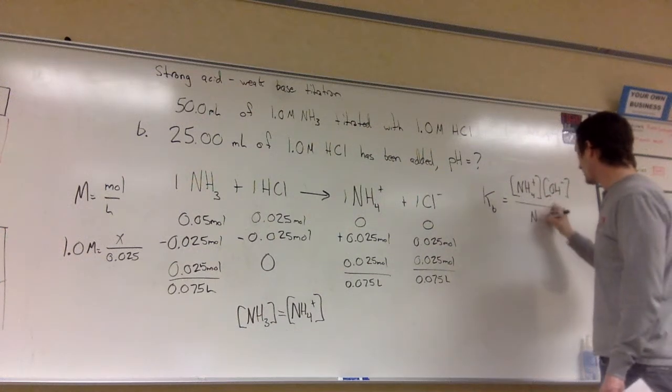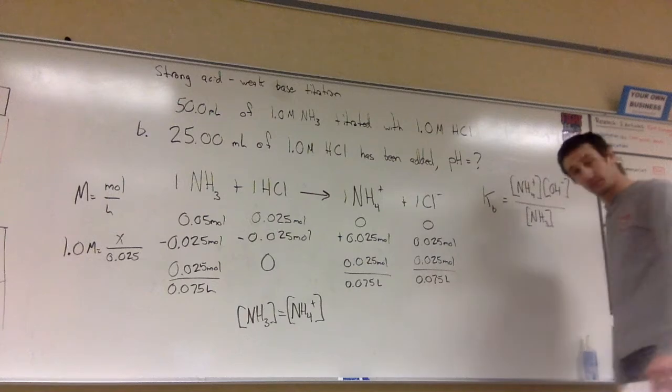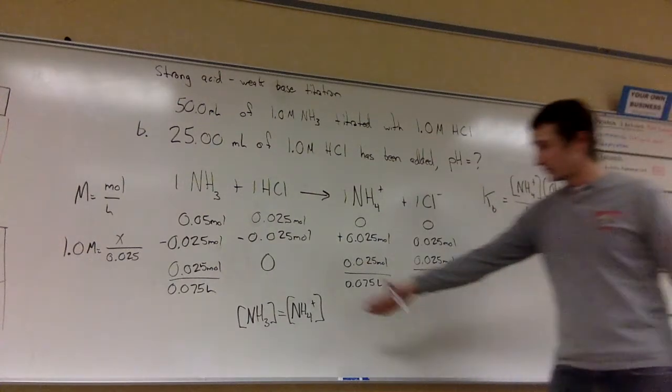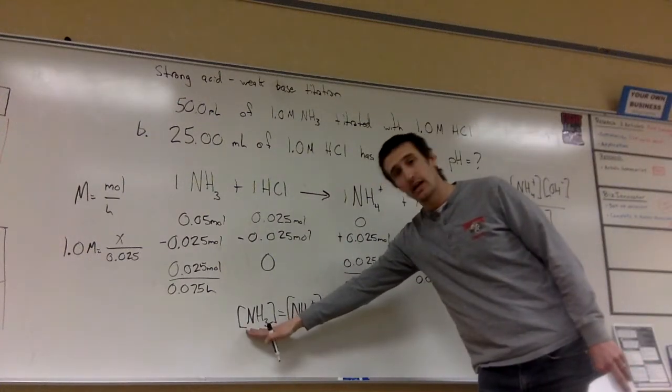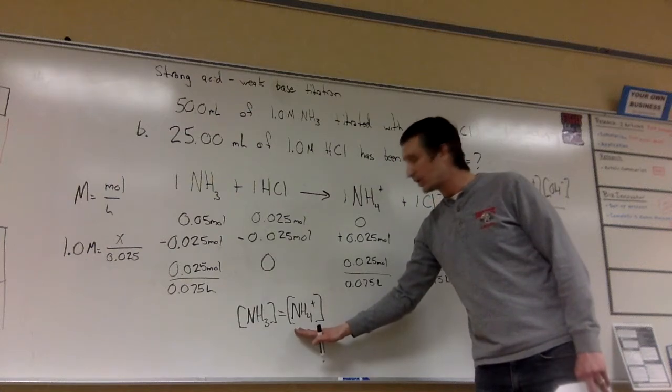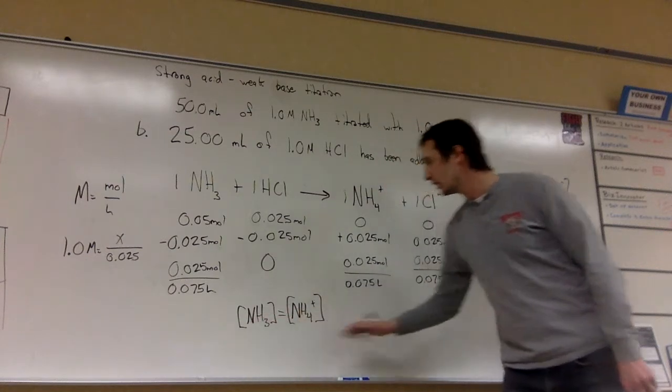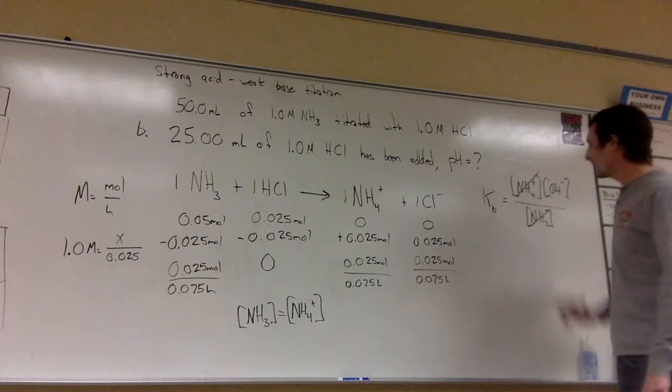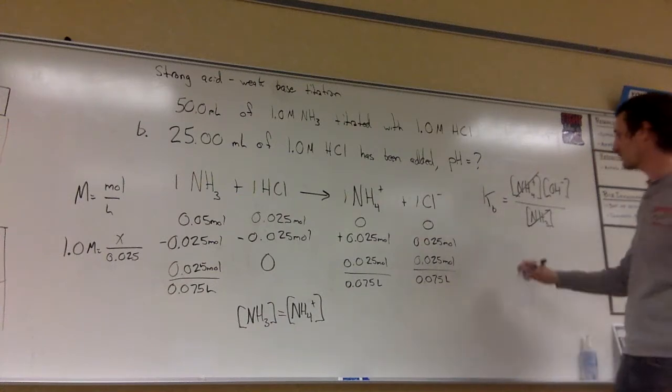And so I'm just rewriting that Kb expression from before. If, which is the case here, NH3 and NH4 are equal to one another, those actually cancel out in that Kb expression.